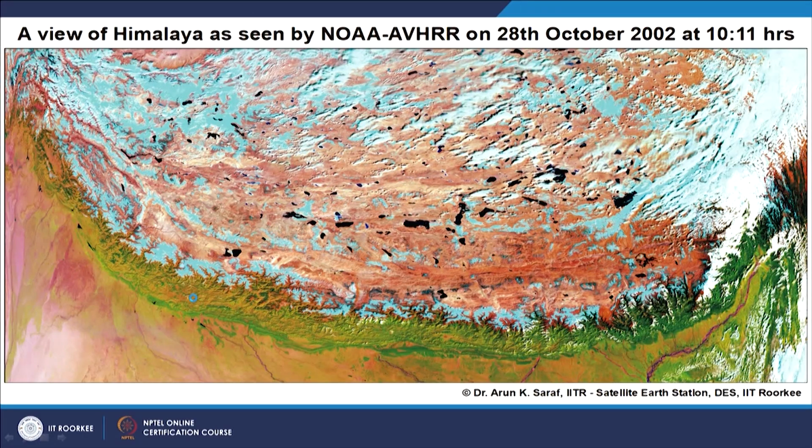Sometimes you may get an image something like this, which has been acquired by our own satellite earth station, which has covered the entire Himalaya, because the spatial resolution is coarser and therefore the swath width is very wide, 2800 kilometer, and in one go almost the entire Himalaya has been acquired.